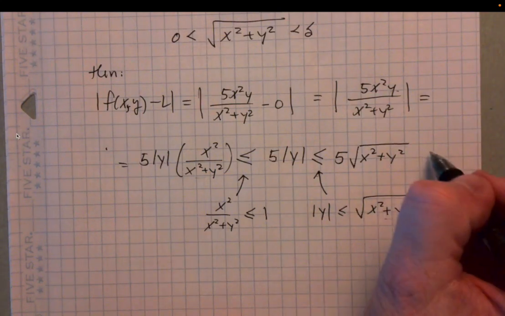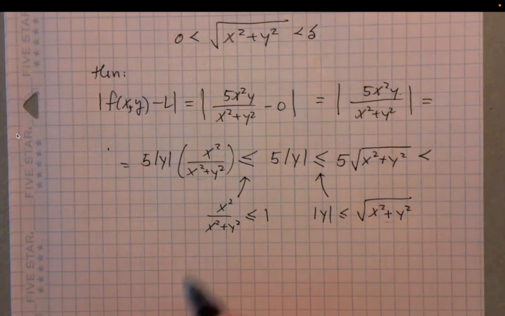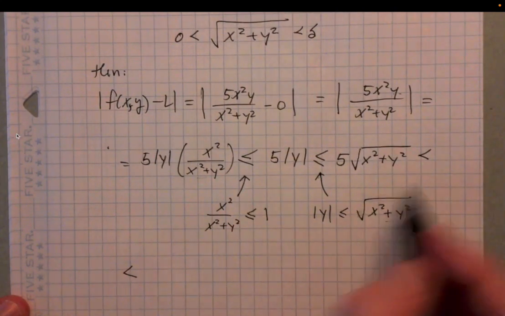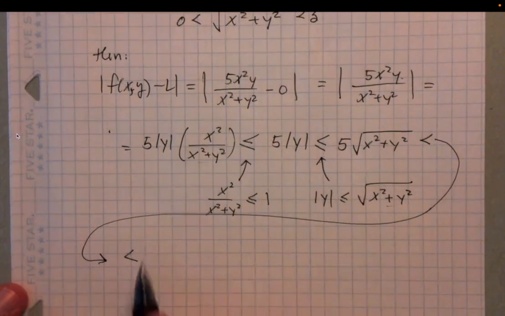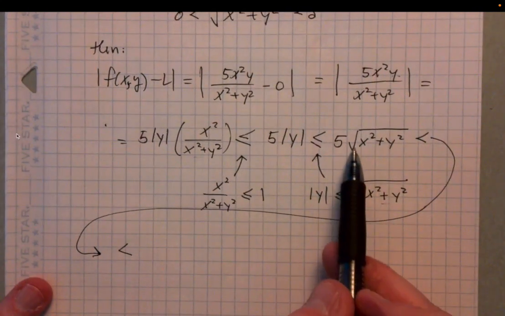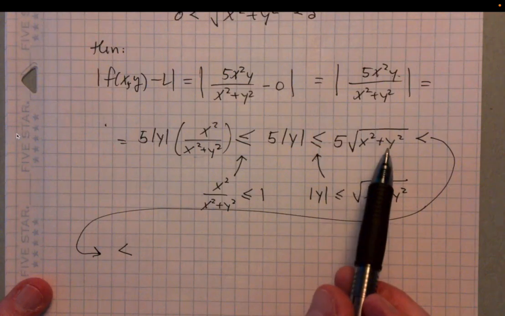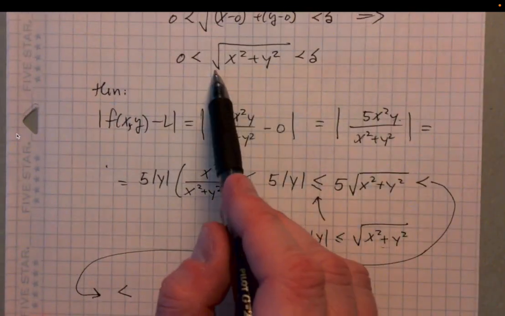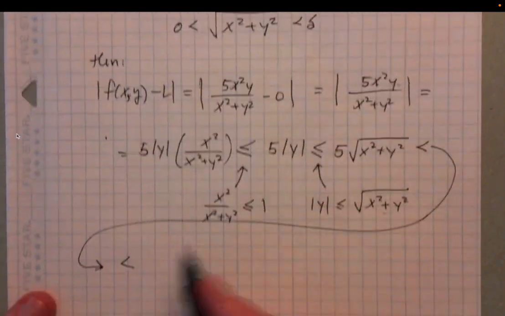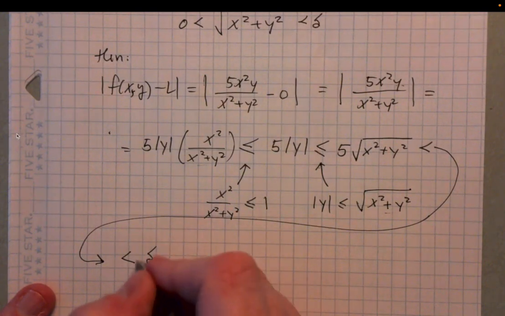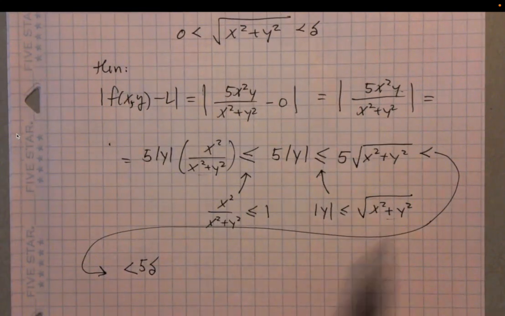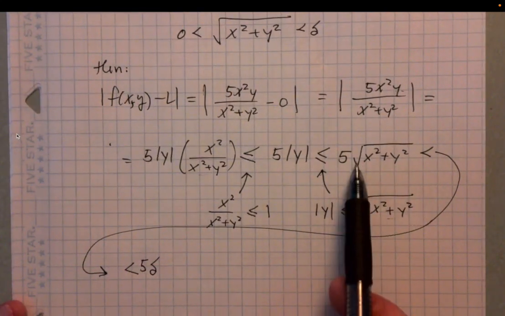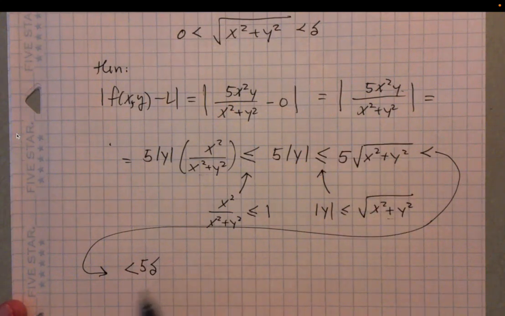Okay, so then I'm going to move down here and give myself a little more space. This here is the square root of x squared plus y squared. If we look up a little bit, we can see that it's strictly less than delta.